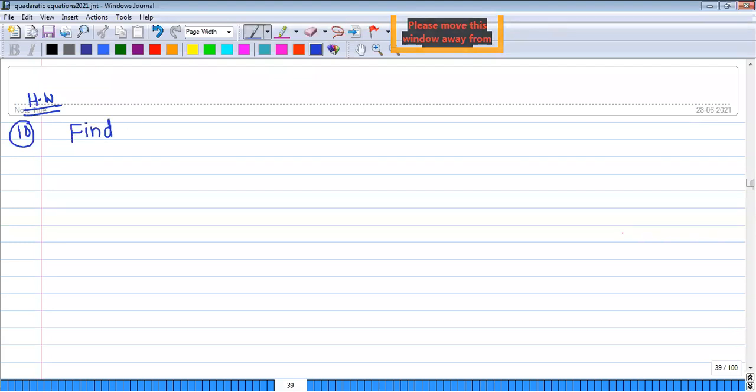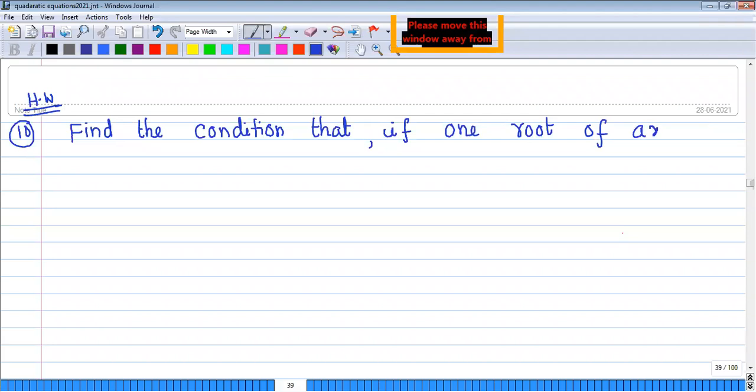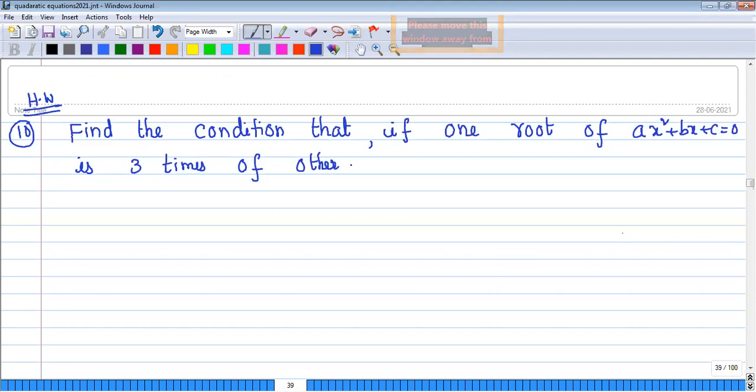Find the condition that if one root of ax square plus bx plus c is equal to 0 is 3 times the other. This is one question.